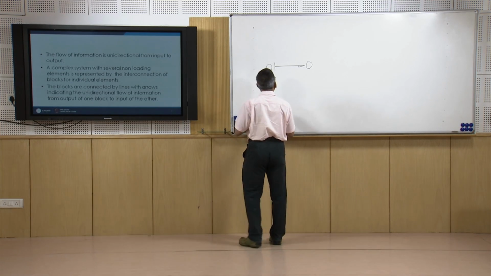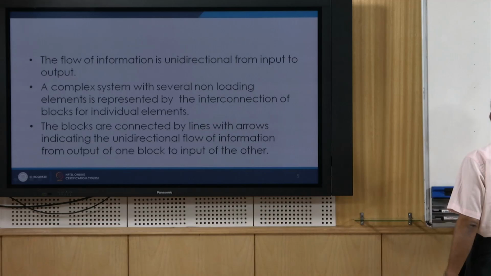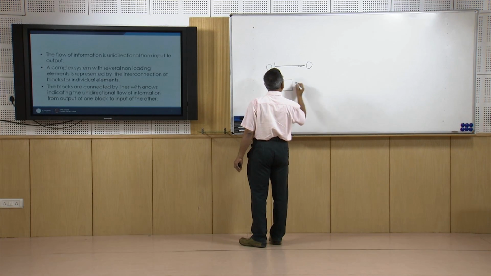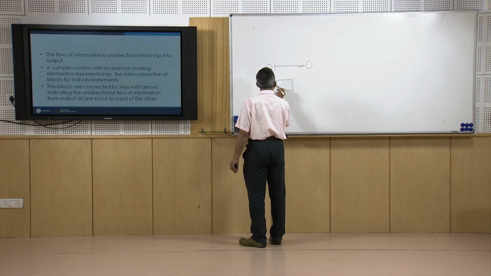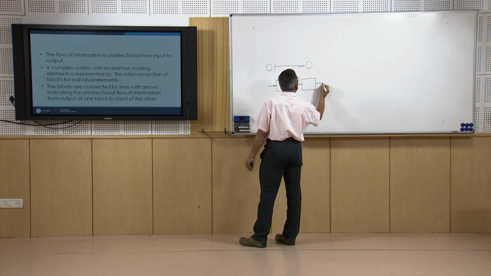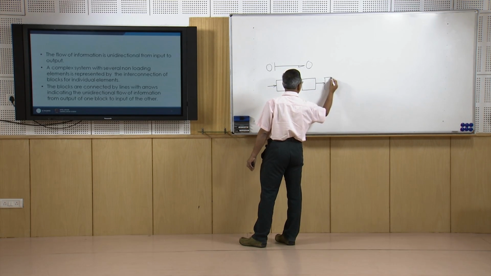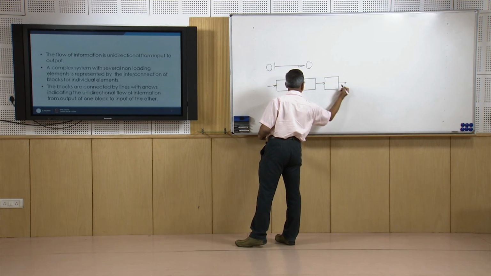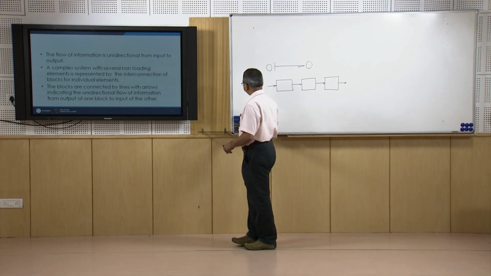So, this is what I mean: if you have a block like this, with a certain input to this block, then the output from this block, then you have another block like this and another block like this. Okay. So, you can have this type of cascading.